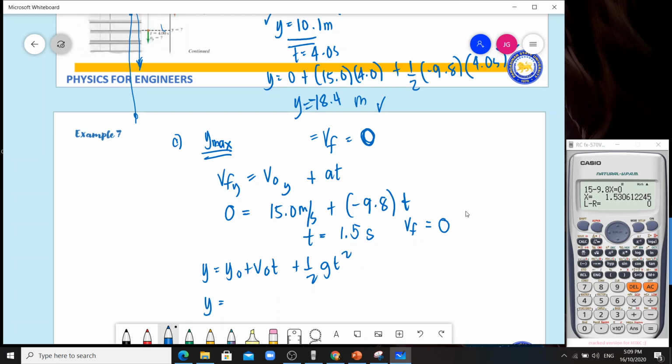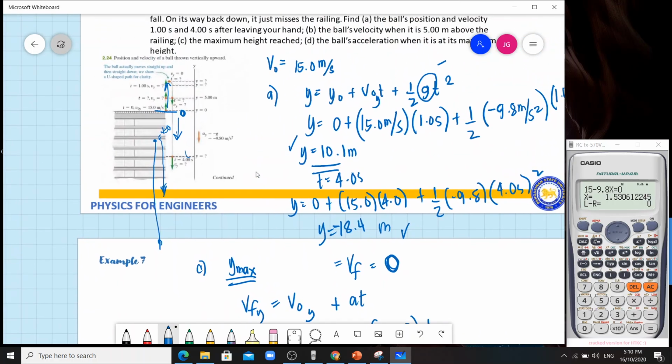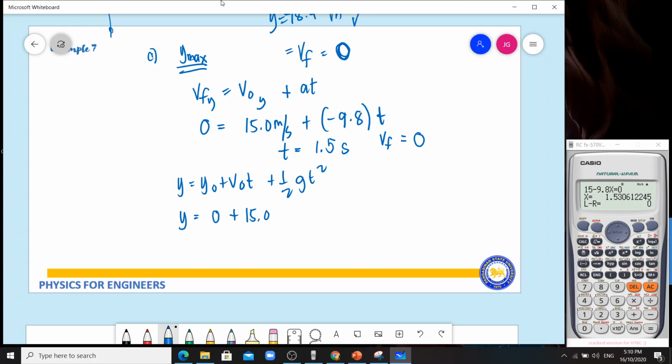Okay, so y is equals to 0 plus 15.0 times 1.5 seconds minus 1/2, 9.8, 1.5 seconds squared.